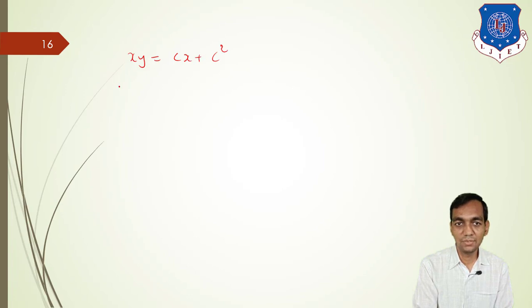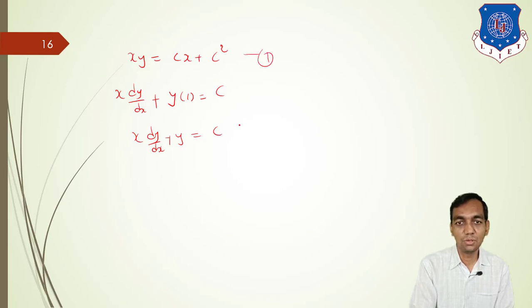So if you are differentiating with respect to x, then you have to apply the multiplication rule. x as it is, dy by dx, derivative of y is dy by dx, plus y as it is, derivative of x is 1. c into x has a derivative c, and c square has a derivative 0. So what you will have, x dy by dx plus y is equal to c.